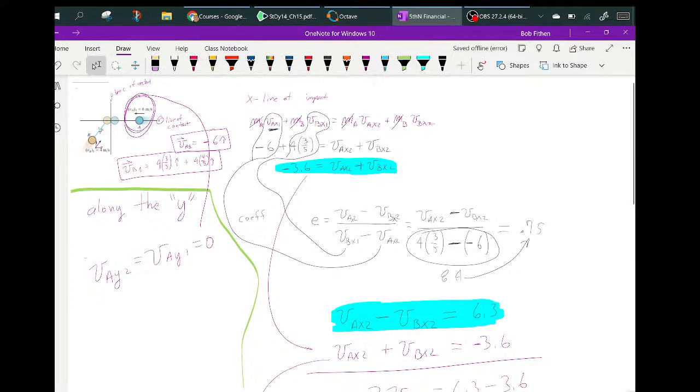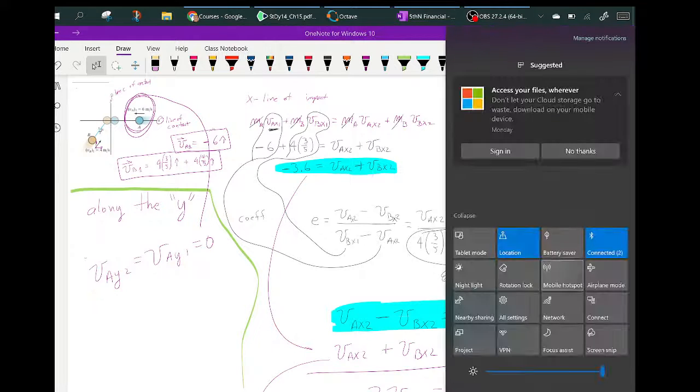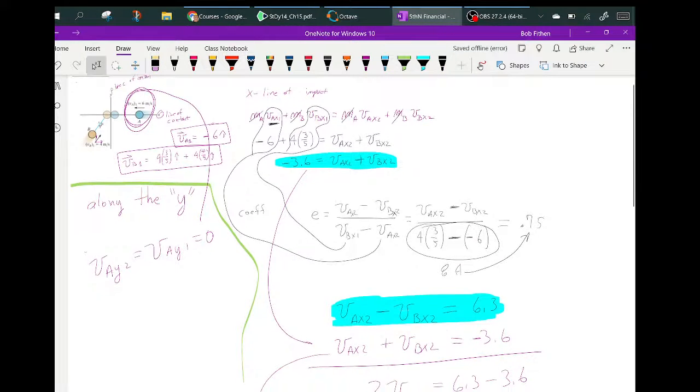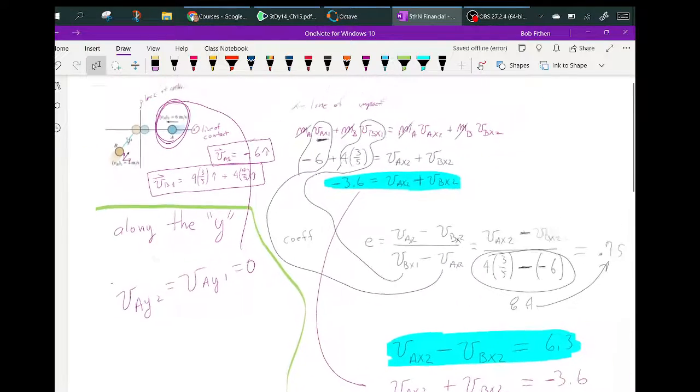You won't notice anything. The screen is super bright. Okay, that might be a little bit easier on my eyes. I don't think you'll notice anything.